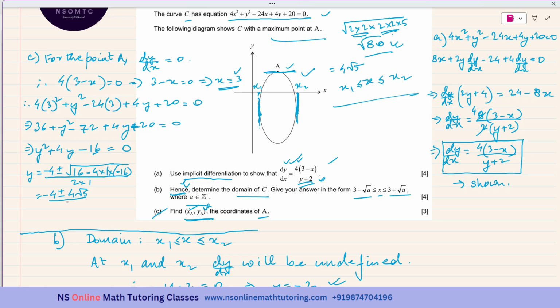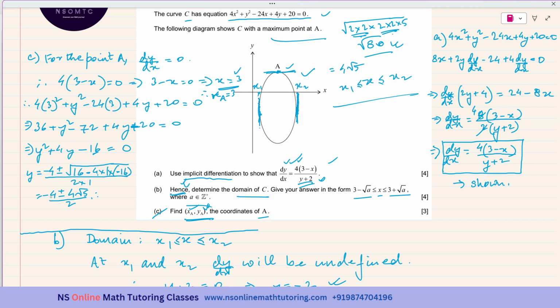Okay, so it is 4 root 5 over 2. So xa is equal to 3, and we will be taking minus 4 root 5, which will definitely be more than 4, and we are seeing for the point A, the y value has to be a positive number.